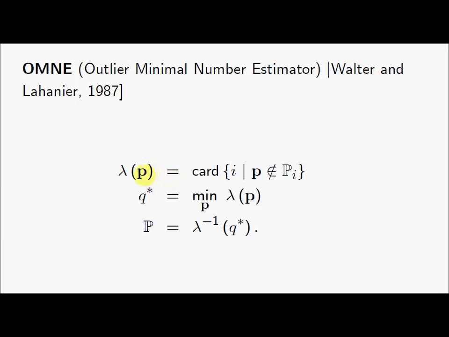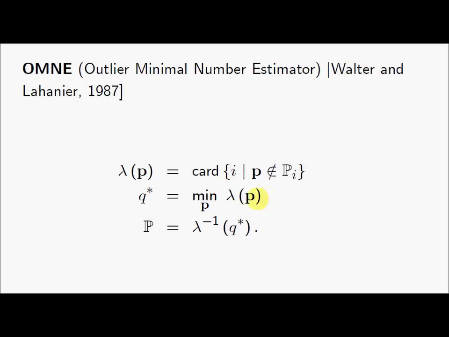So if I have a parameter vector p, I will denote by lambda of p the number of measurements for which p is inconsistent. Recall that if p does not belong to Pi, it means that it is not consistent with the interval yi. So of course, I want to minimize lambda. And I will denote by q star the minimum I can reach for lambda.